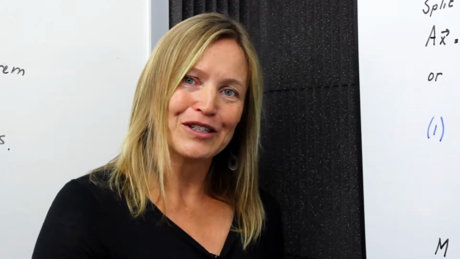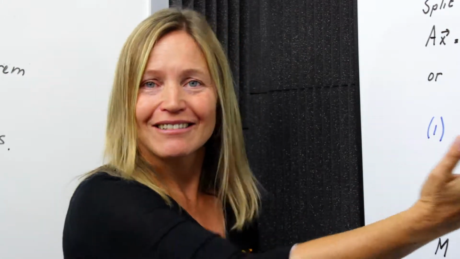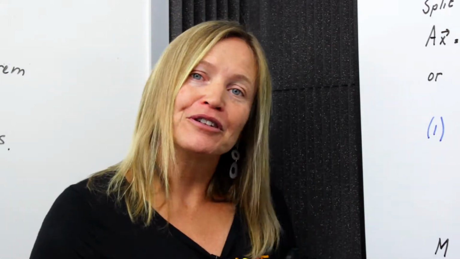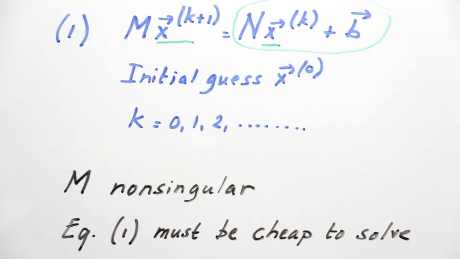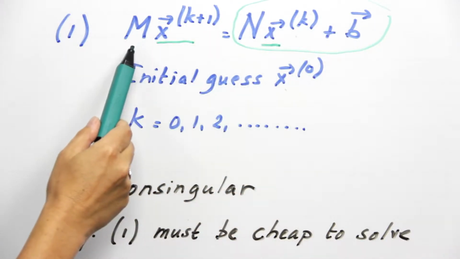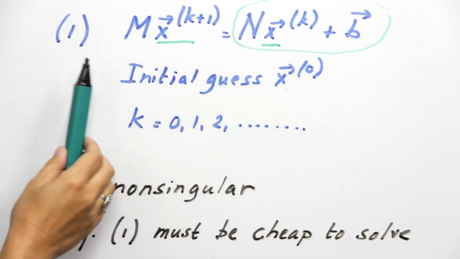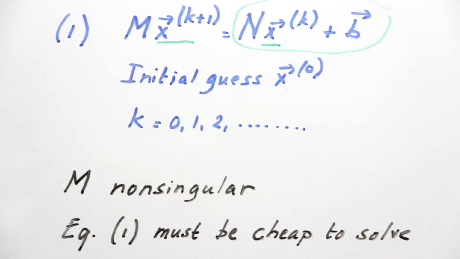Now, hopefully in this process, we've chosen M and N so well that this will converge, and it will converge to the correct solution. Of course, when we're looking at this equation, we can immediately see that M must be non-singular. Otherwise, this system, equation 1, will not have a unique solution.